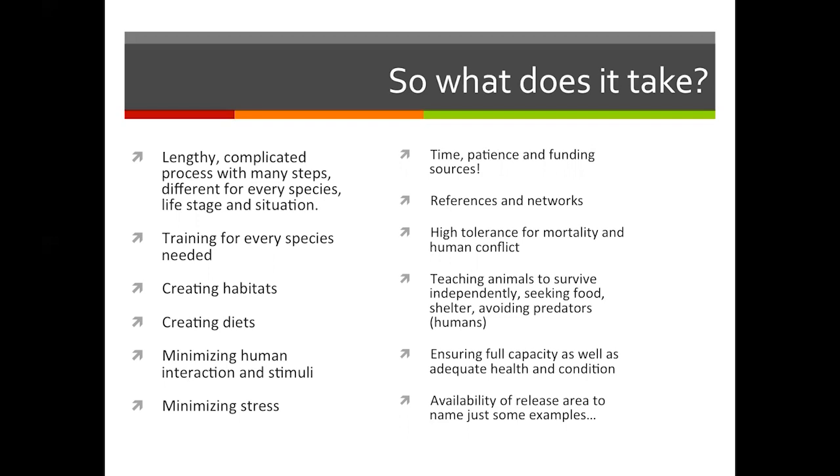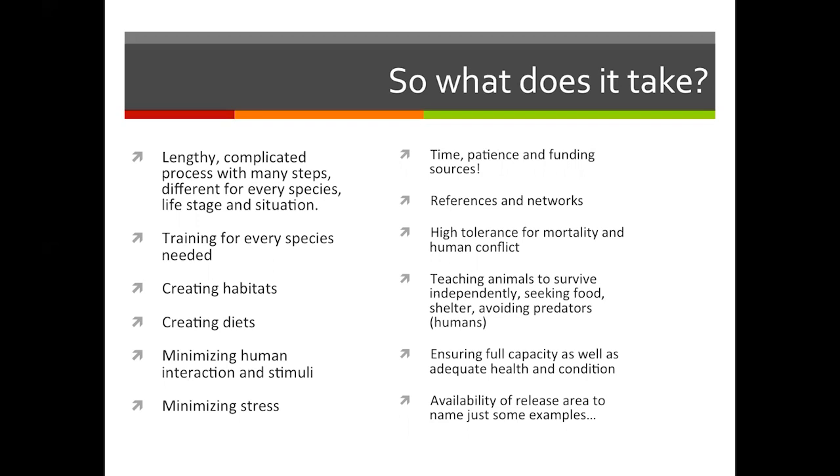So what do we do? We teach animals to survive independently. We want them to seek their food, shelter, and of course, avoid predators, which includes us humans. Ensuring their full physical capacity as well as adequate health and condition.